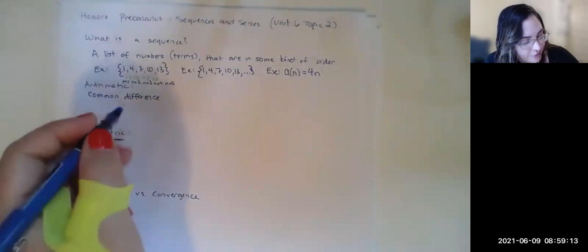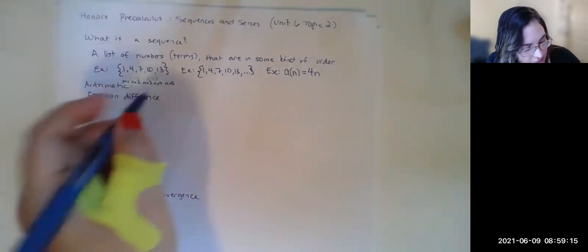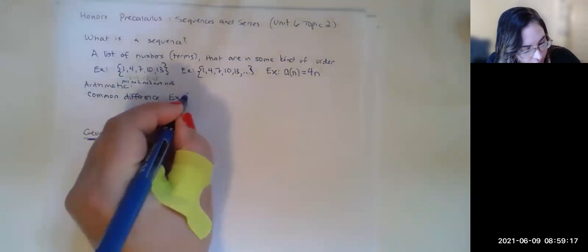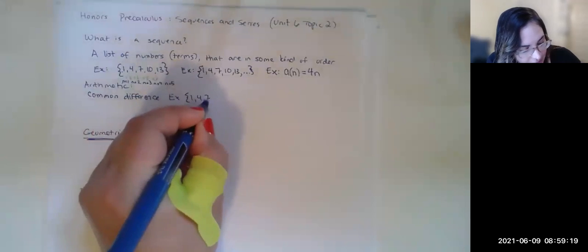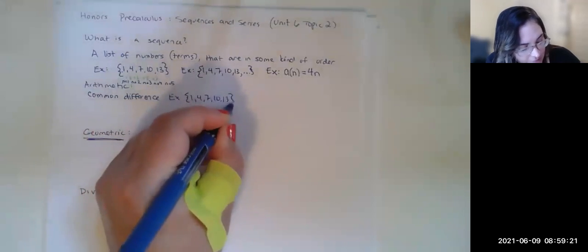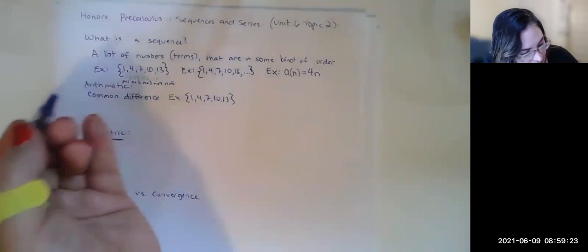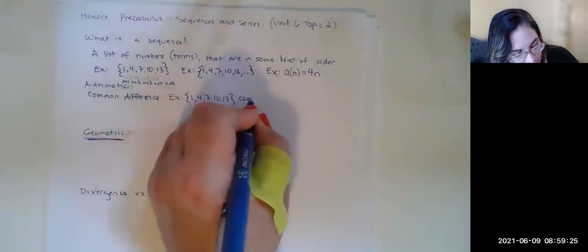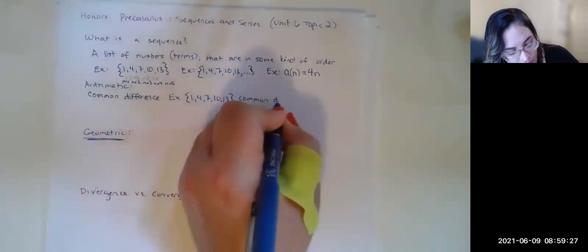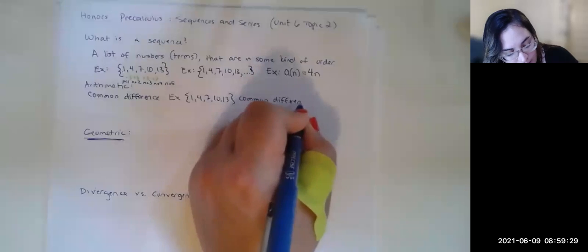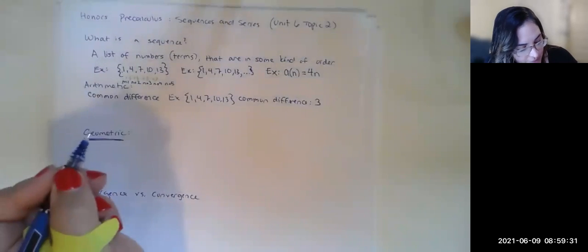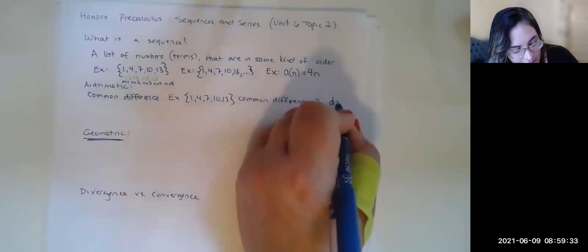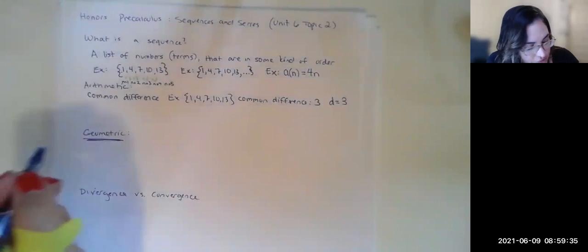For example, in our initial example, 1, 4, 7, 10, 13, we already talked about the fact that this has a common difference of 3. Sometimes we notate that as d equals 3.